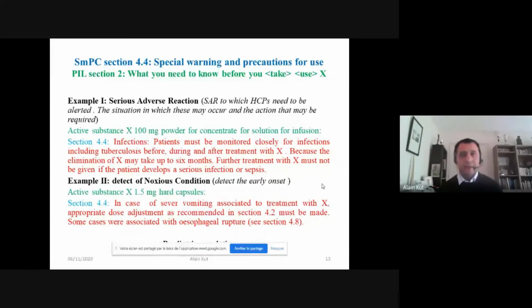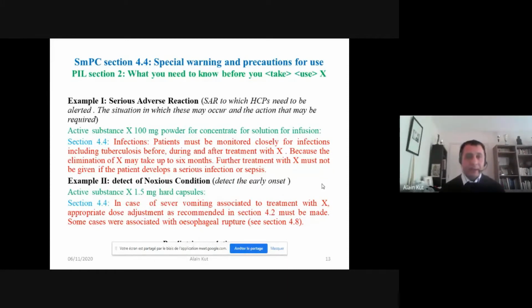We can say that the patient must be monitored closely for infections, including tuberculosis, before, during, and after treatment with X, because the elimination of the active substance may take up to 6 months, and further treatment with X mustn't be given if the patient develops a serious infection or sepsis. Then we state the warning here to draw the attention of the healthcare professional in case of occurrence of any infection.